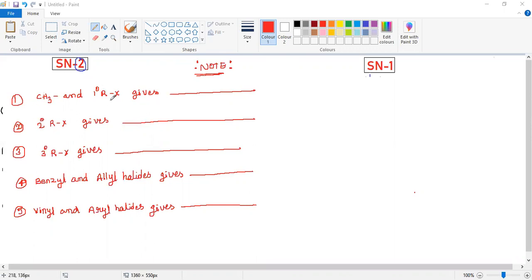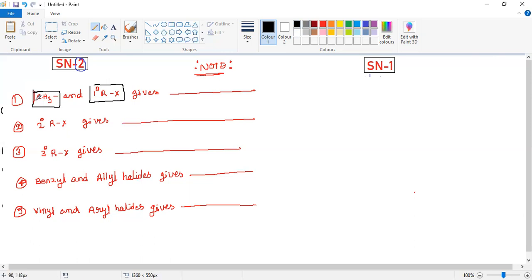That's why I framed these points question-wise. See, what about this one? This is methyl and primary alkyl halide.